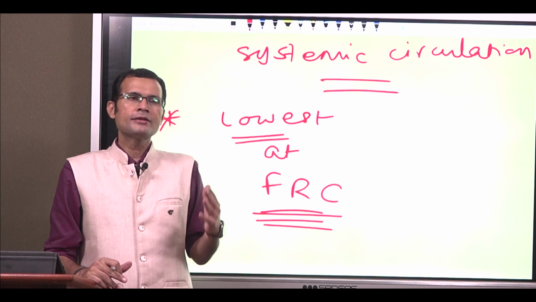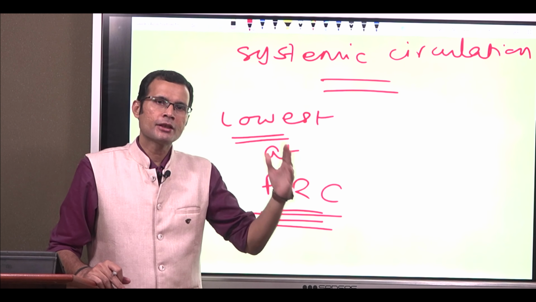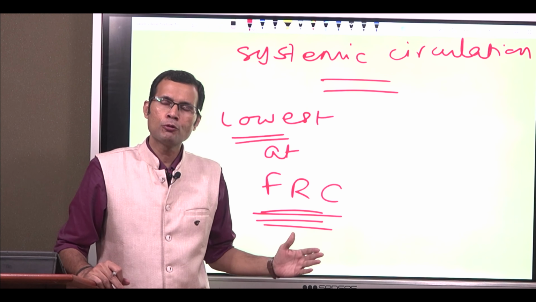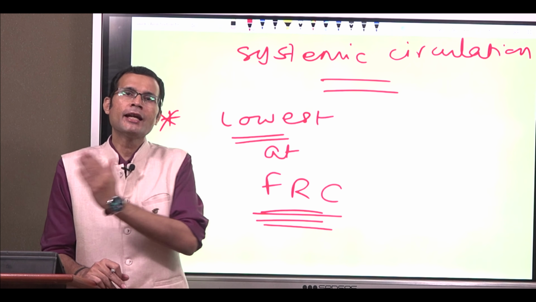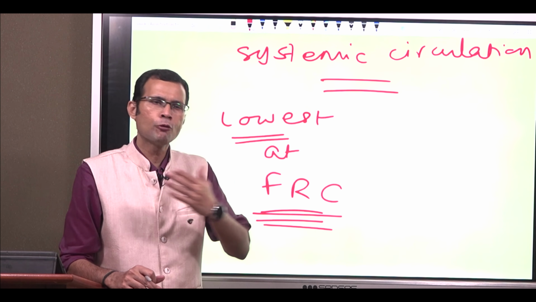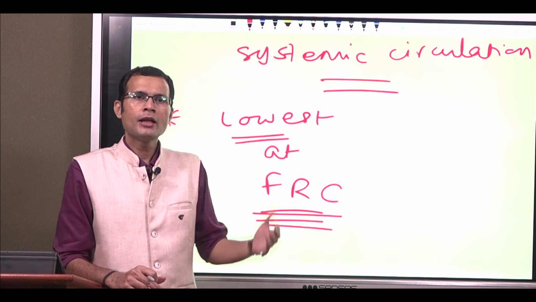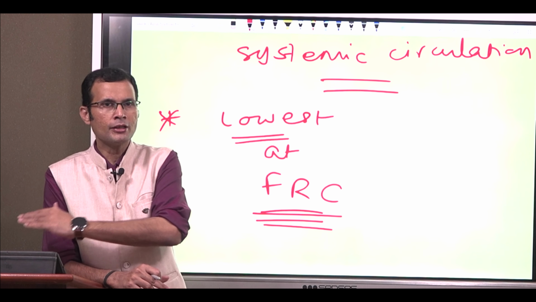What I mean here is that on either side, if the person takes a deep forceful inspiration or a deep forceful expiration, imagine that the person exhales maximally, the lungs will be at residual volume. Only residual volume will be left in the lungs.